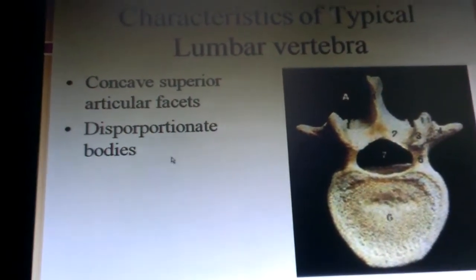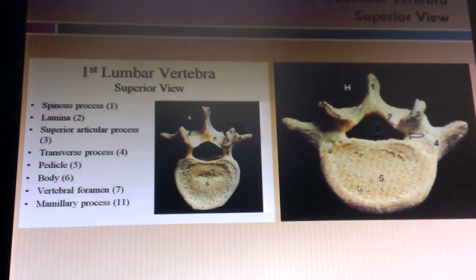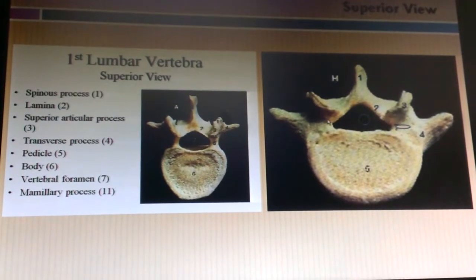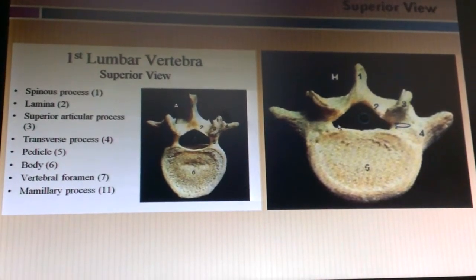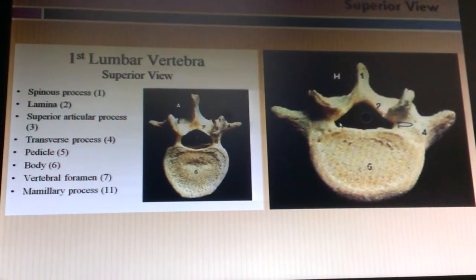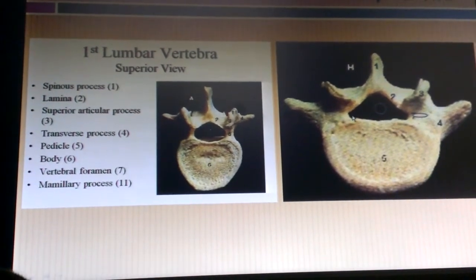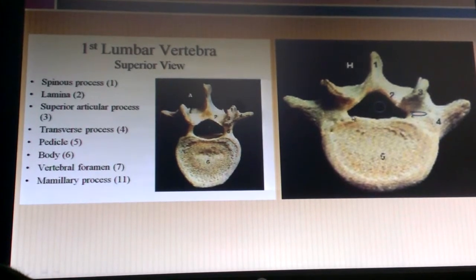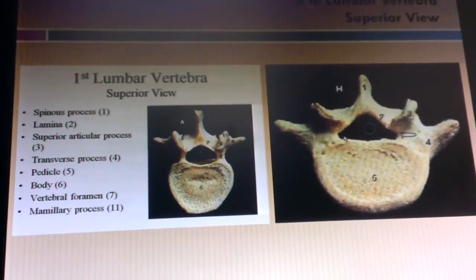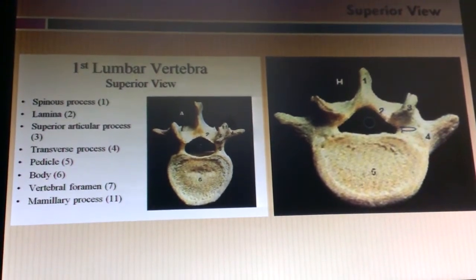A little difference between the first and the fifth as far as the central canal is concerned. This is the area that we see involved mostly in lower lumbar herniations, and that's the area of the lateral recesses, right? And then you've got nerve roots and it's the cauda equina that are going through that area.